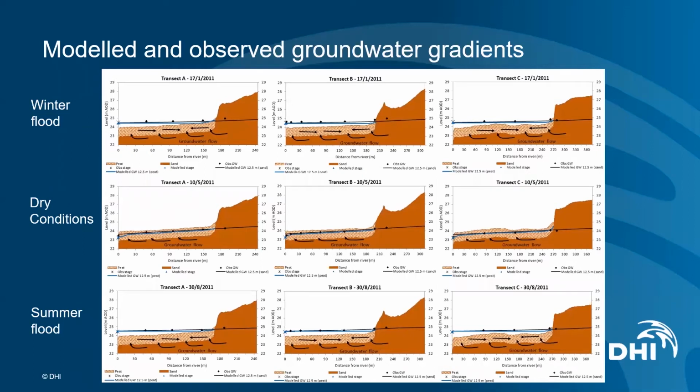Then if we go down to the dry conditions in May, then we have gradients basically from right to left in both systems, and draining of the peat. And then again back in the summer, in August, when we managed to get a lot of rain here in Denmark, then we also have summer flooding. So we can see there's an interesting dynamic situation here.